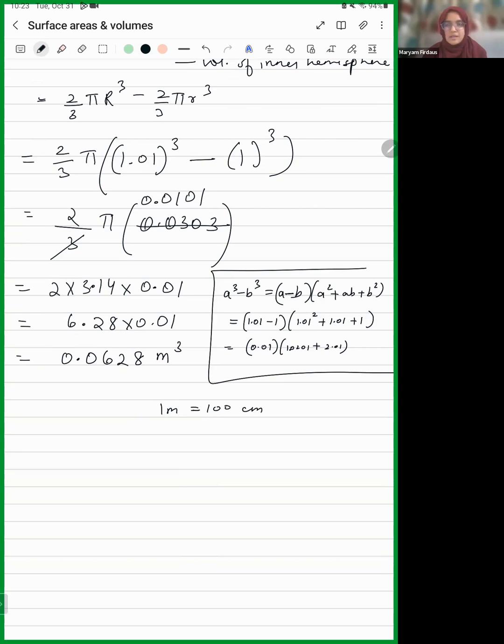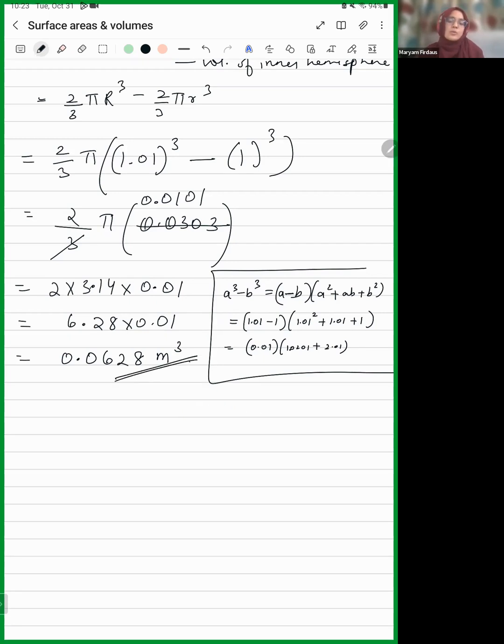We could have taken this in centimeters as well, it would have been easier. Anyway, we can just leave it like this.